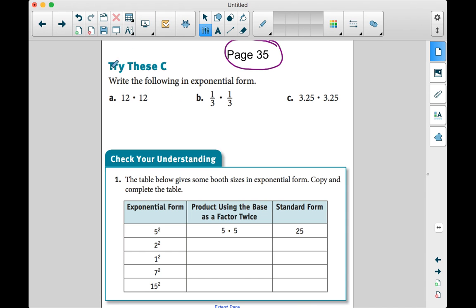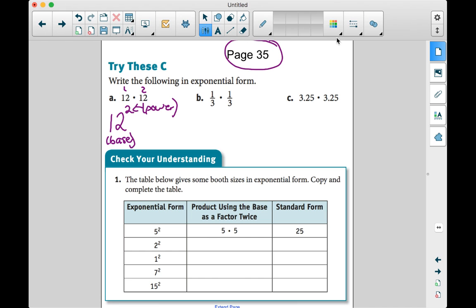So we're going to look straight at Try These C. Within the exponent, I have 12. That's what I'm going to call my base. Okay, so 12 is my base. I got that 12 because it's the number right there. And that 12 is 1, 2. So there are 2 12s. And that 2 right there is what I'm going to call the power.